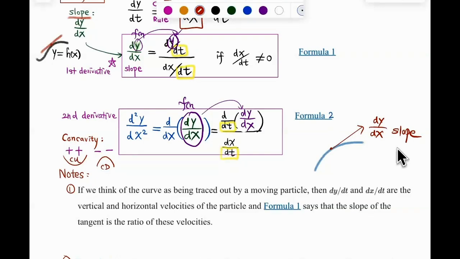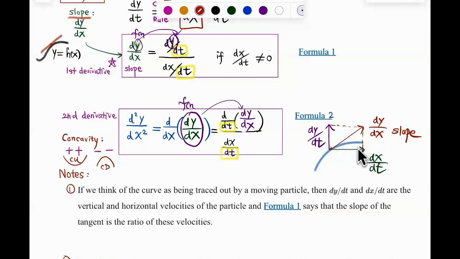How is it related to dy dt and dx dt? Dy dt is going to be this vertical velocity. That's dy dt. And then the horizontal velocity is going to be dx dt. Now you can see that they're related this way. If you project this along the vertical direction, that will be dy dt.